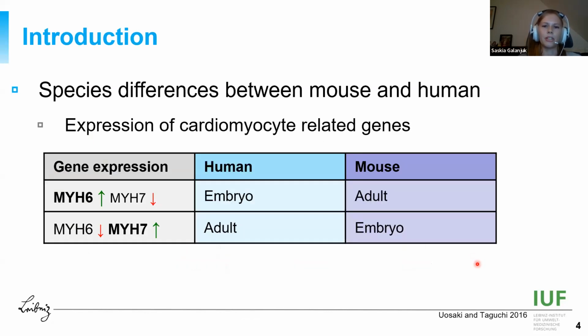For example, some cardiac genes are expressed differently in mice and humans. Here, two cardiomyocyte-specific markers are often used for molecular analysis. The predominant form in the human embryo is one, with a later switch to the other. But in mice, it's the exact opposite, with the second being the predominant form in the embryo and the later switch to the first.